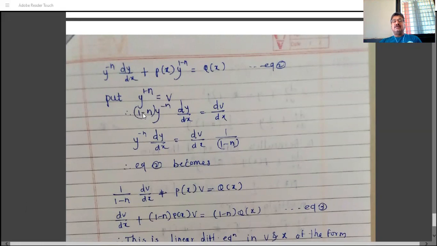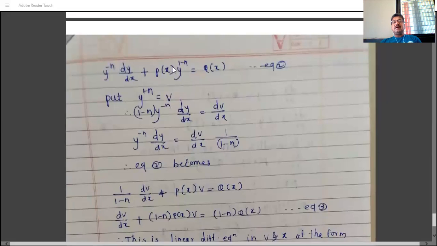So the derivative is 1 minus n, y raised to minus n, and because this term is a function of y and the derivative is with respect to x, multiply by dy by dx, which is equal to dv by dx. So y raised to minus n dy by dx is, shifting this 1 minus n to the RHS, 1 divided by 1 minus n into dv by dx.